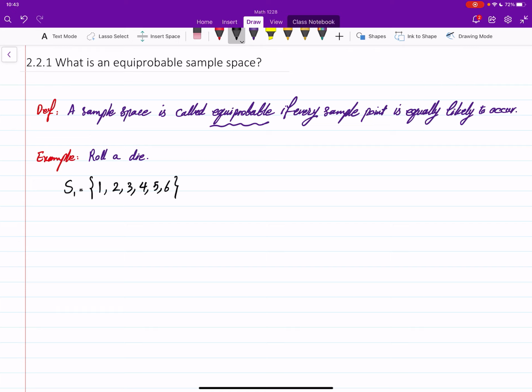Since the sides of the fair die are equal, all the sides will come up equally, that means that the probability that one comes up is the same as the probability that two comes up.